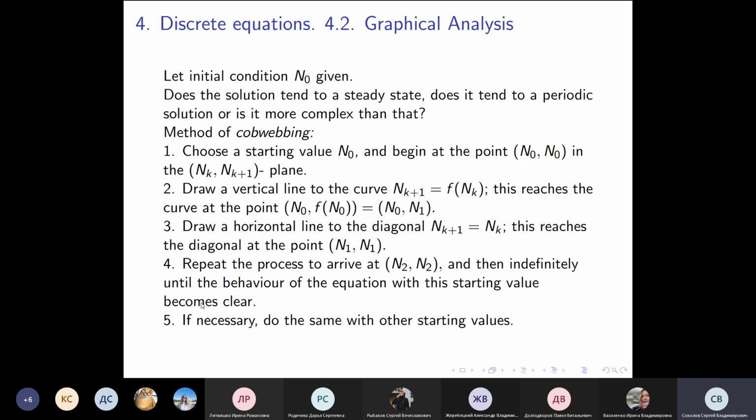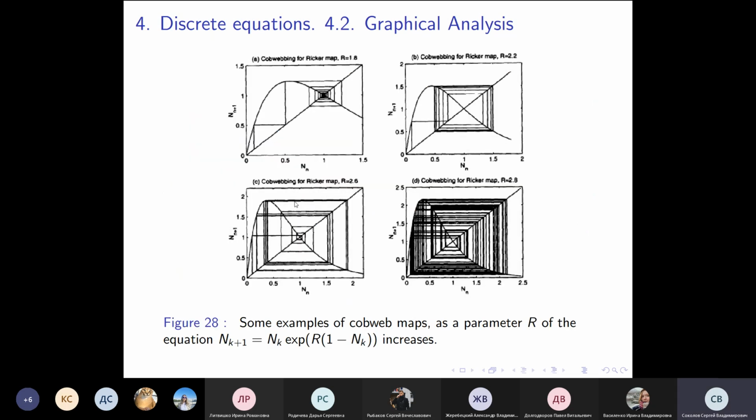The method is called cobwebbing, because the final result is similar to a web that is made by a spider. So in the graphical analysis, we try to derive whether the steady state is stable or not using only the plot.